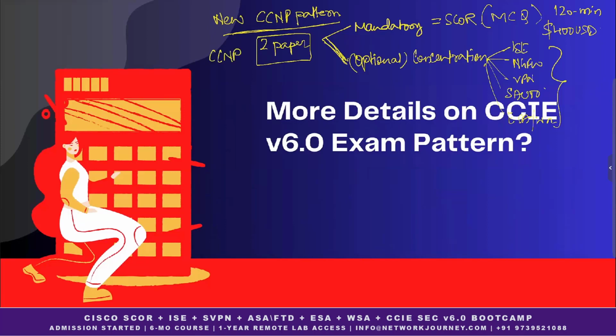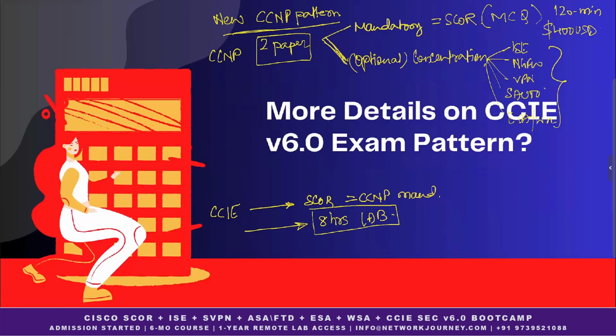But for CCIE people, you have to clear that core paper, the CCNP mandatory paper, plus that 8 hours of lab. Now we will focus on this because we know the core paper is just an MCQ paper.